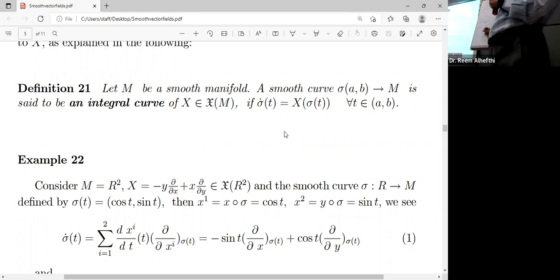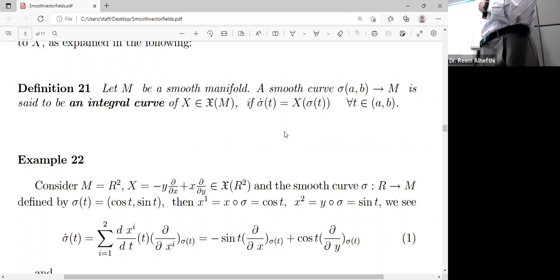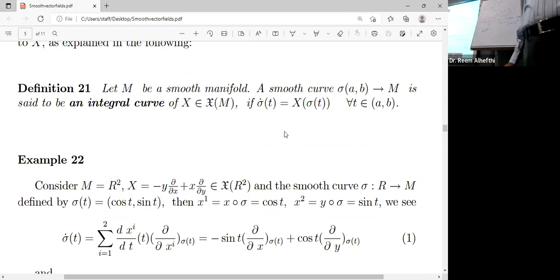Then at each point you have a tangent vector that is called sigma dot t. Restrict the vector field to the curve.